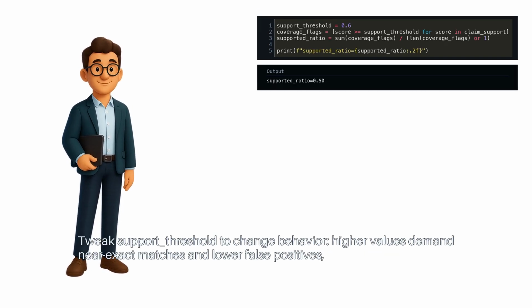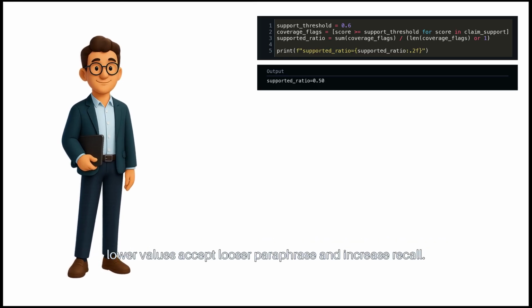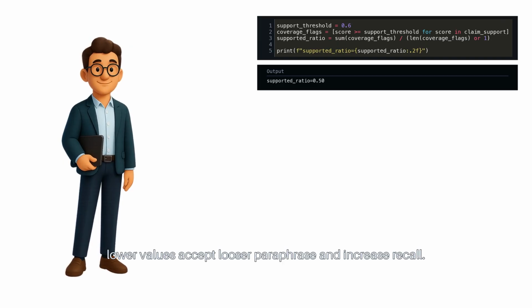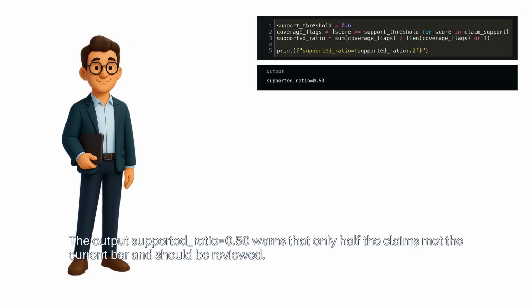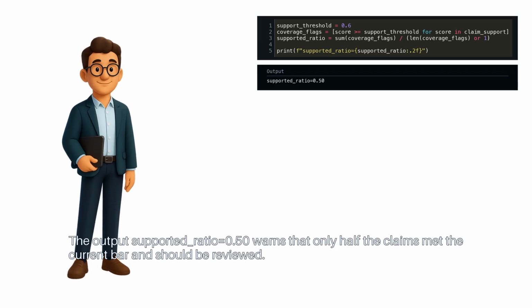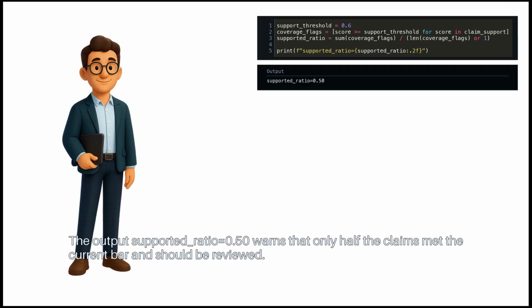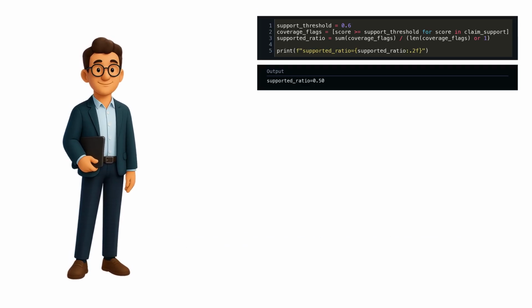Tweak support threshold to change behavior. Higher values demand near-exact matches and lower false positives. Lower values accept looser paraphrase and increase recall. The output supported ratio equals 0.50, warns that only half the claims met the current bar and should be reviewed.